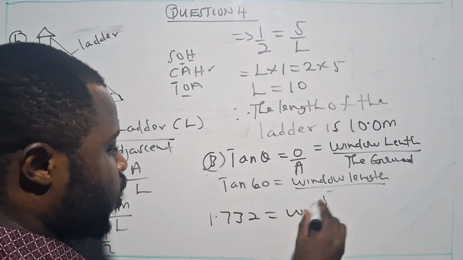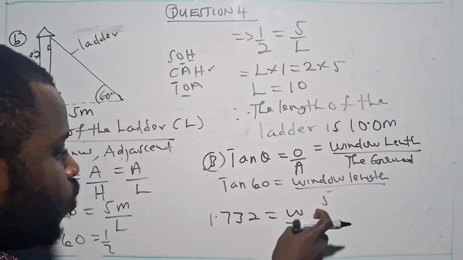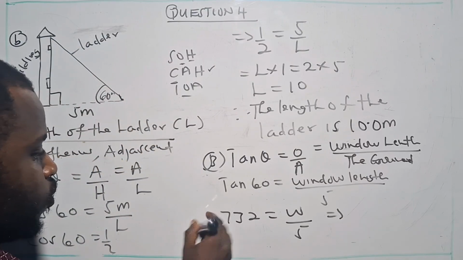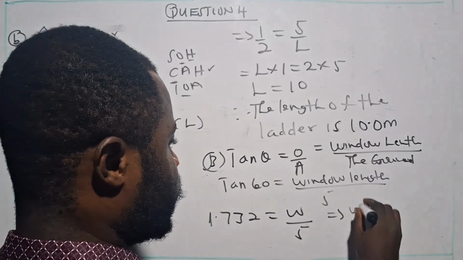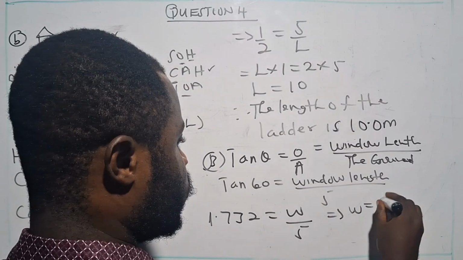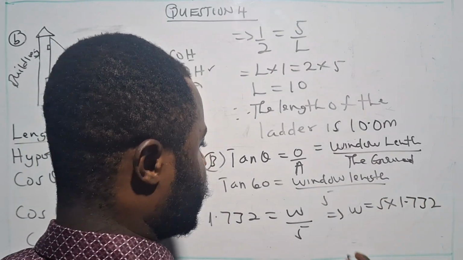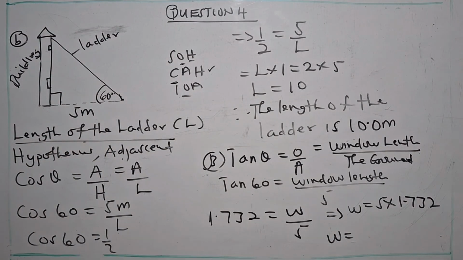So the window length, let me use W, all over 5. If you are looking for the window length, on this side 1.732, when you cross multiply, you are going to get W is equal to 5 times 1.732, for which W is going to give us the window length.